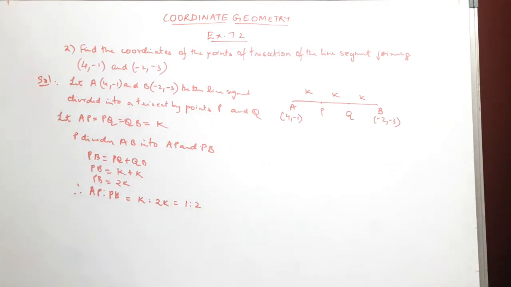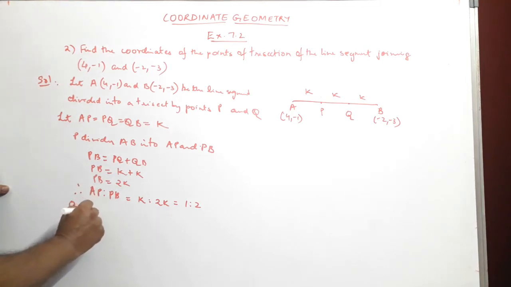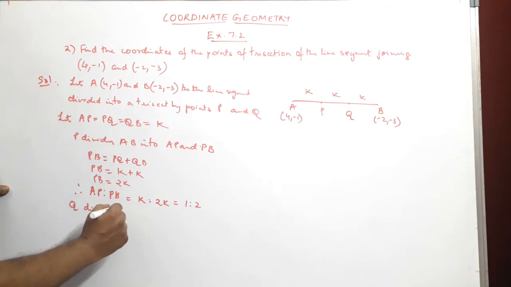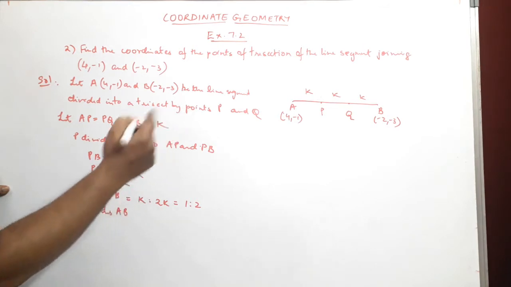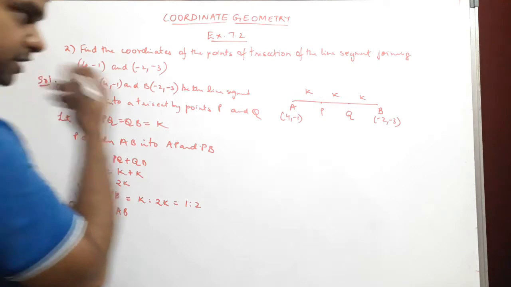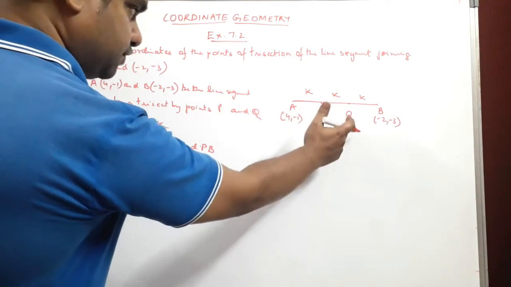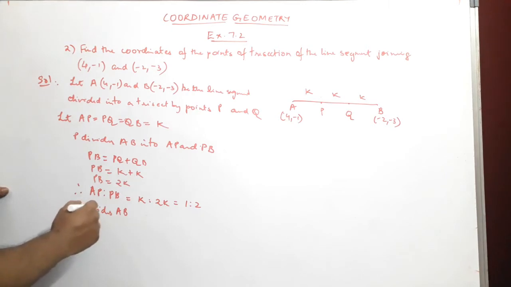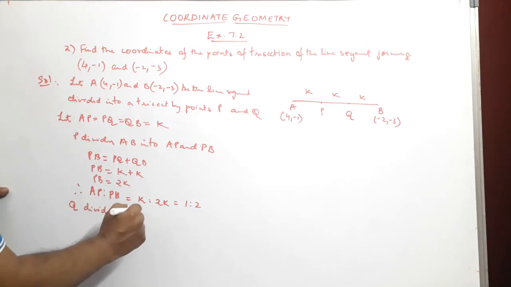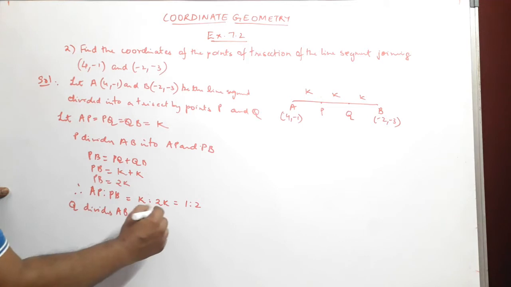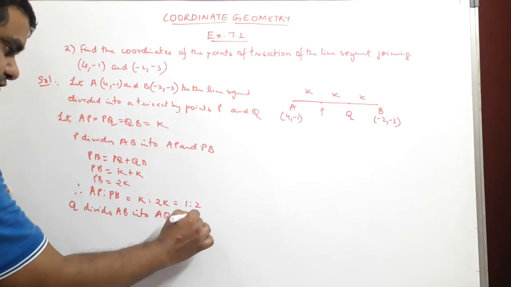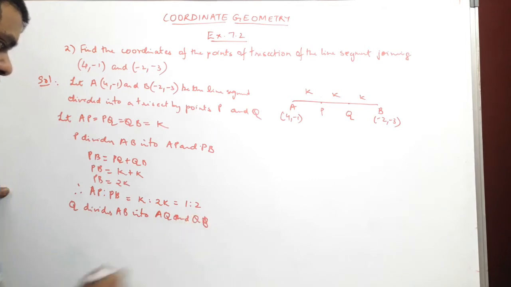Got it? 1:2. Similarly, Q divides AB, and we need to find the coordinates of Q. So Q divides AB into AQ and QB.